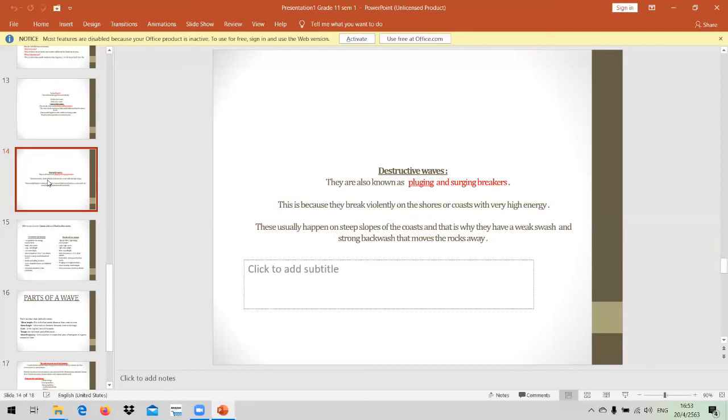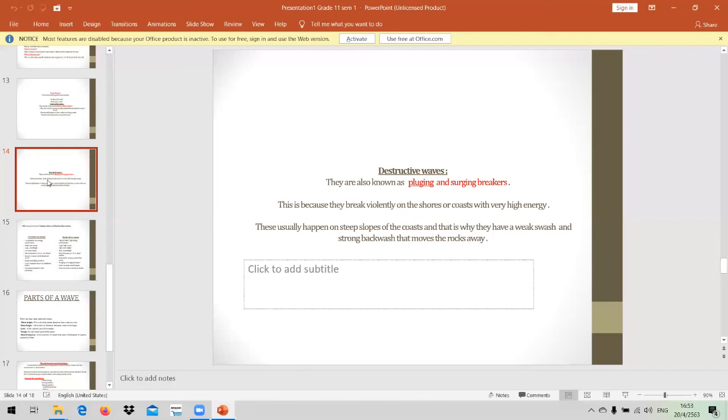Destructive waves are also known as plunging and surging breakers. This is because they break violently on the shores or coasts with very high energy.